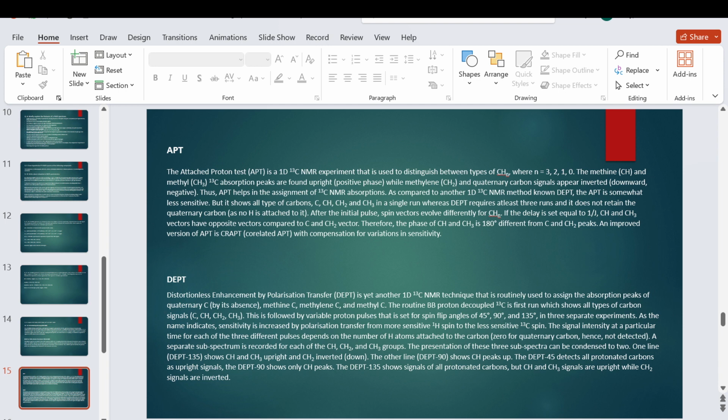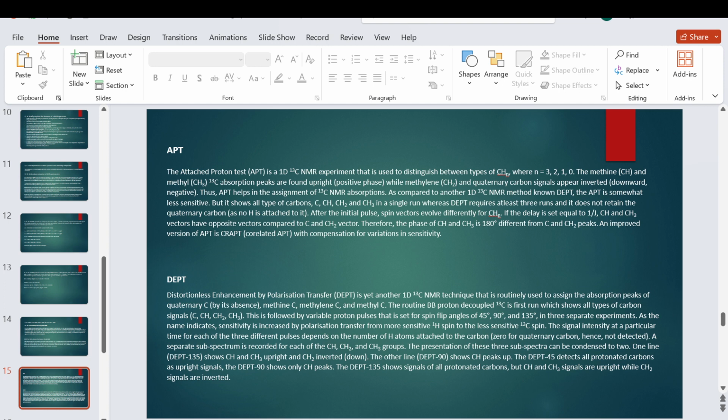Now let us discuss DEPT, distortionless enhancement by polarization transfer, which is yet another 1D technique of carbon-13 analysis. It is routinely used to assign the absorption peaks of quaternary carbon because it is absent, as are methine, methylene, and methyl carbons.